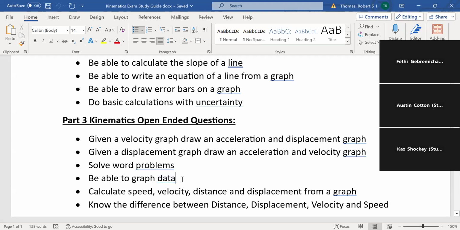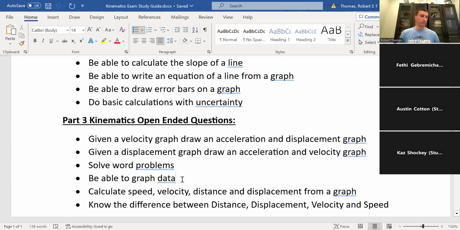the key to that is remembering that the equations only hold true for constant acceleration. So if I think about that problem, I was driving in a car at a constant speed. If I'm at a constant speed, what's my acceleration? Anybody on the call?